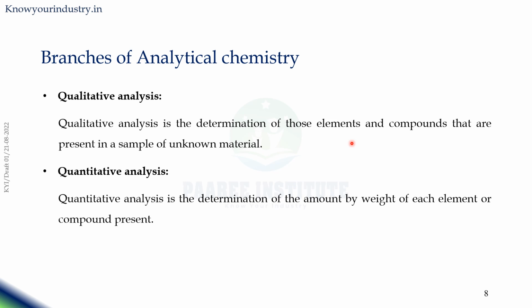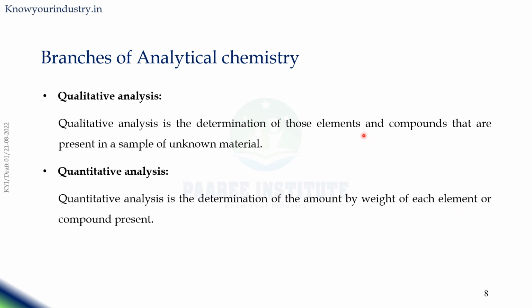You tell them it is paracetamol. Then quantitative analysis is the determination of the amount by weight of each element or compound present. Here you say that the particular tablet you tested contains 500 mg of paracetamol. That is called quantitative analysis.